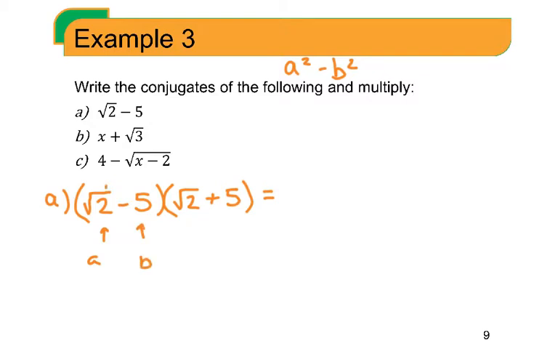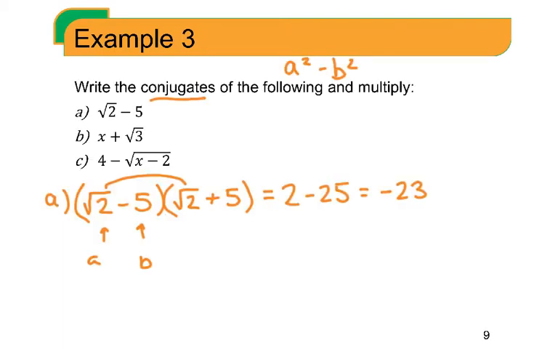So what is the square root of 2 times the square root of 2? 2. 5 times 5 is 25, but it's negative. 2 minus 25. And so this equals negative 23. So this is just illustrating how we multiply when we have radical signs, and what the conjugate does for us is it gets rid of the square root. It can be very useful in that way.